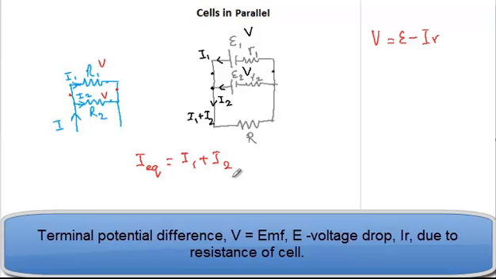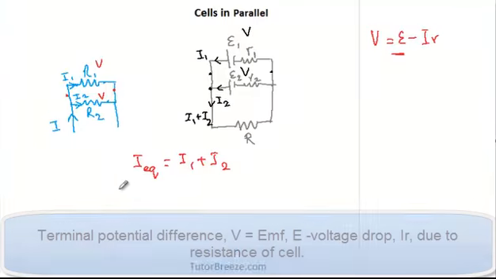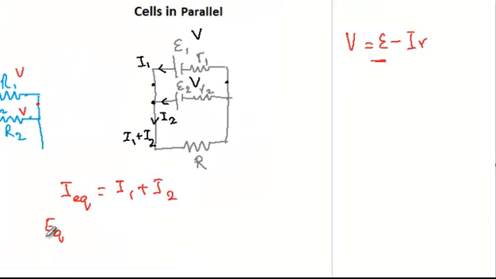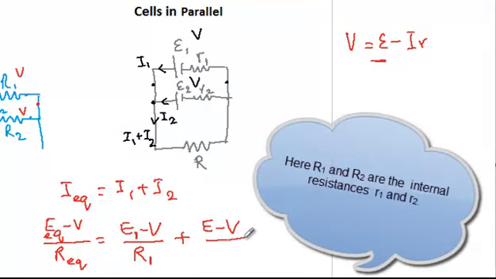Okay, now continuing further, the equivalent current is I1 plus I2, and replacing it using this equation, we can write this as E equivalent minus V over the equivalent resistance is going to be E minus V over R. This is for the first cell, and this is again E minus V over R, and this is for the second cell.